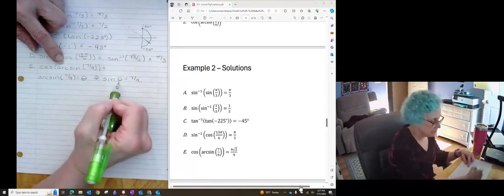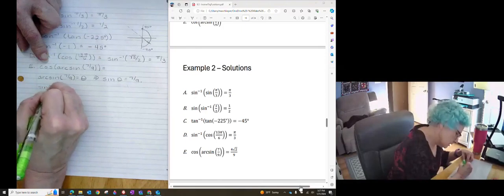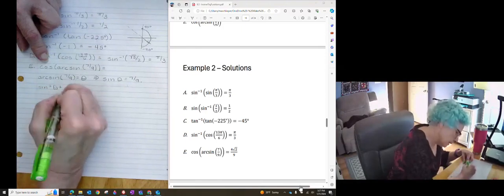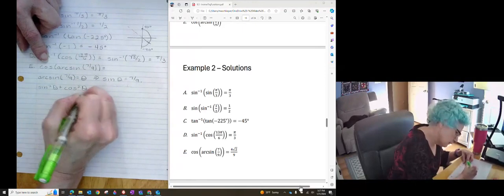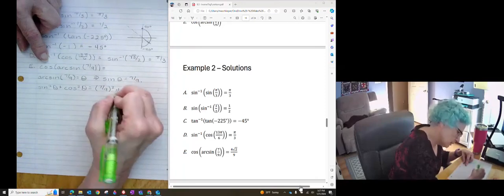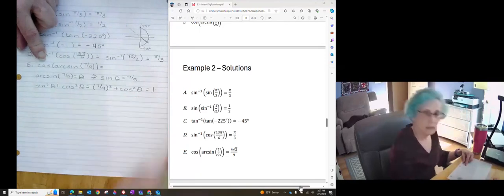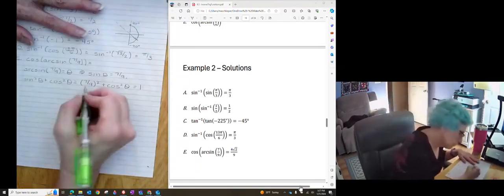If sine of theta is equal to 7 over 9, then sine squared of theta plus cosine squared of theta is equal to 1, so 7 over 9 squared plus cosine squared of theta has to be equal to 1.